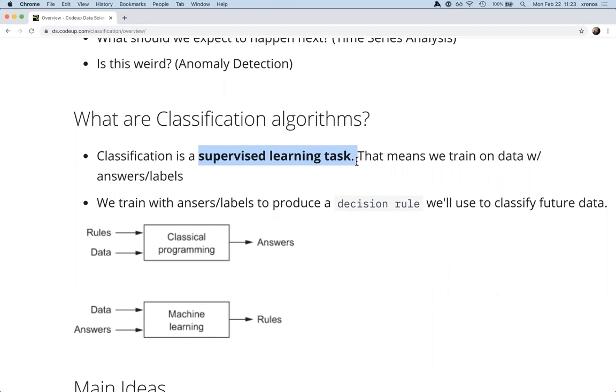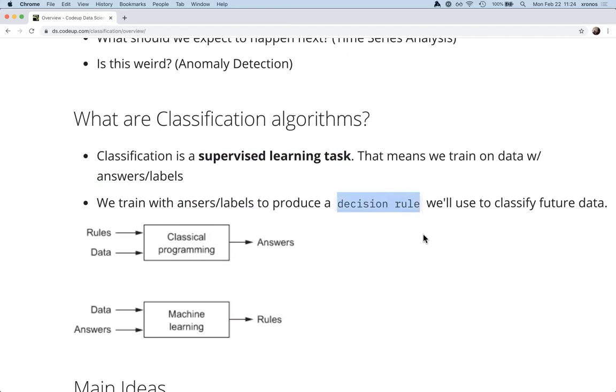Anywhere where we're using data where we have the answers, or data where there's labels already, is supervised, right? So that means that we're going to train the algorithm to pick up on patterns based on data with existing answers or existing labels for the outcome. And the big goal here is that we're trying to train on our training data with labels and answers so that our algorithm gives us back a decision rule.